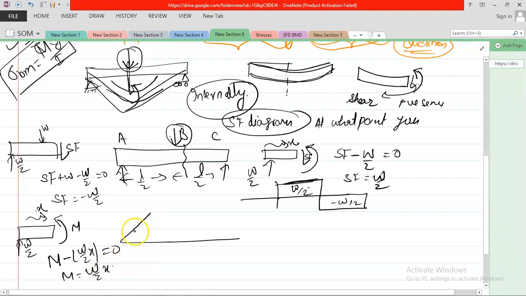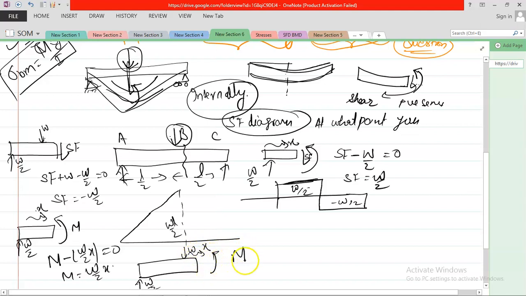At X equal to 0 it is 0, and at X equal to L by 2, it is WL by 2. Now after X equal to L by 2, suppose this is W by 2, this is W, and after that if you take any position X, then what is the moment?